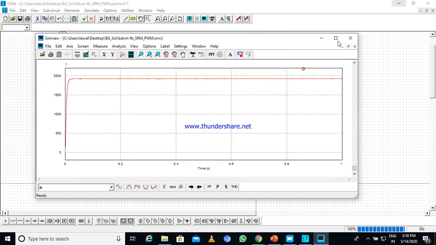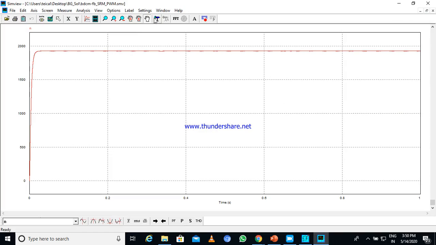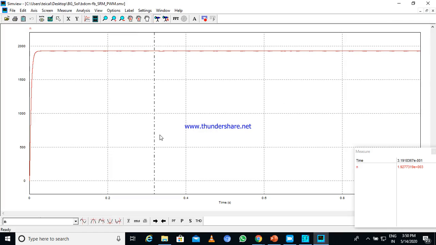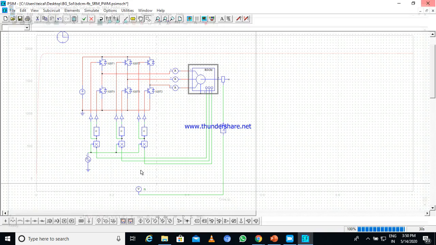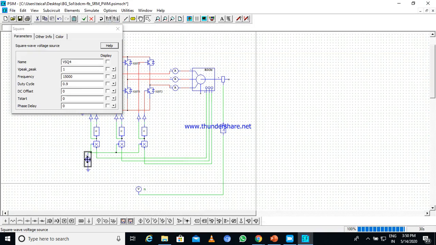Now you see, this is the RPM. I am getting a machine RPM of around 1927. Now suppose I want to reduce the RPM. Reducing the RPM means simply you reduce the duty cycle. So I am giving a duty cycle of 80%.